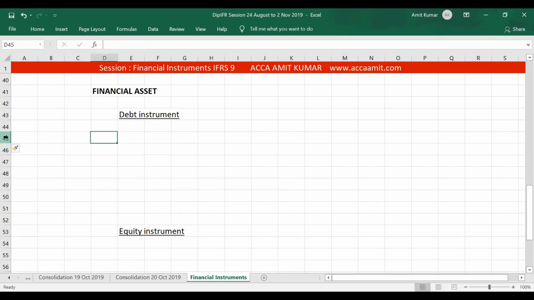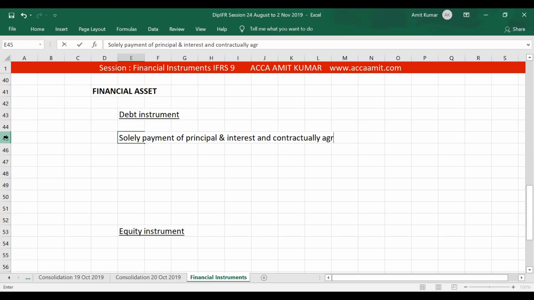If this debt instrument is solely payments of principal and interest, with contractually agreed cash flows, and the management intends to hold it till maturity.